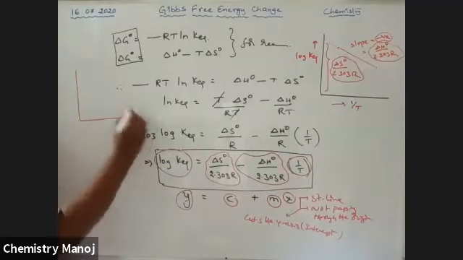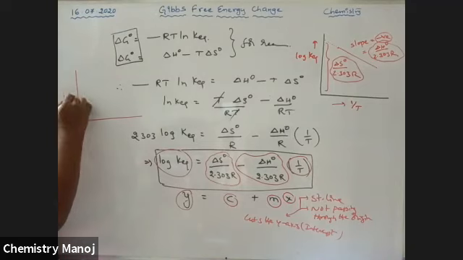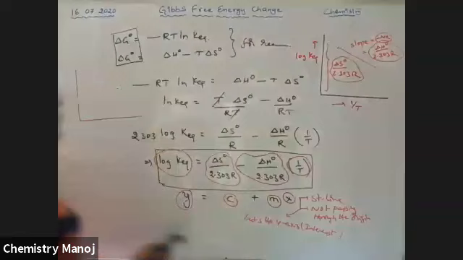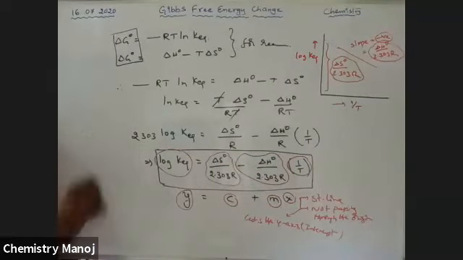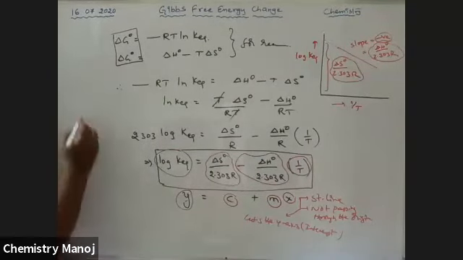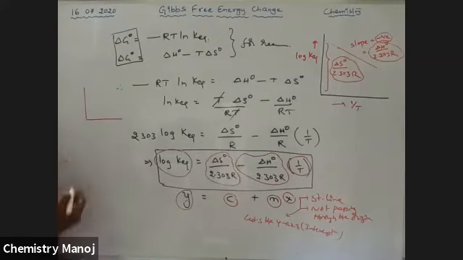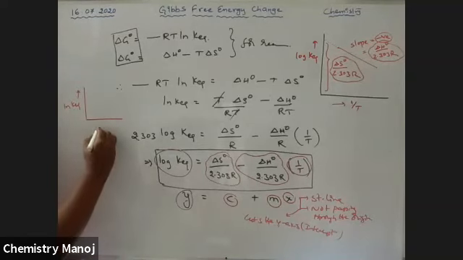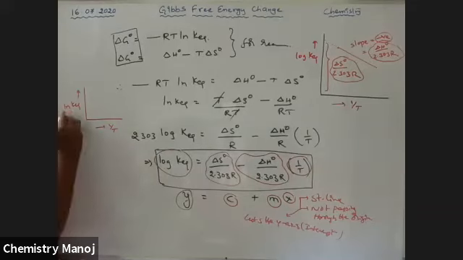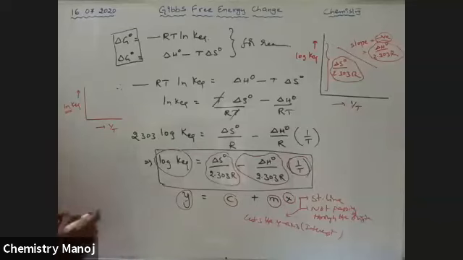If you draw a graph, see here, ln K equilibrium on the y-axis, 1 by T on the x-axis, since this is ln, it is also a straight line with a negative slope.